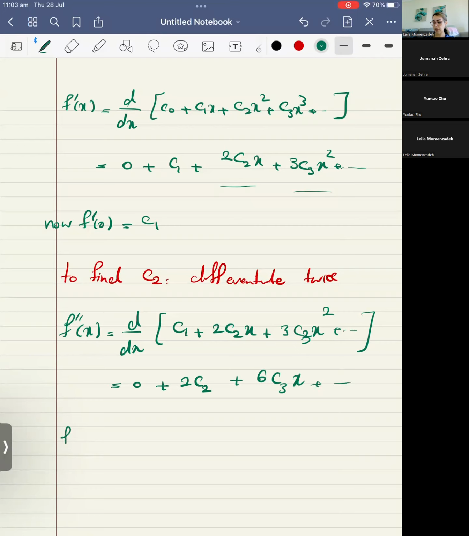And again, put in 0 for the second derivative, f double prime of 0, then you have 0 plus 2c2 plus 0, and you can find c2.